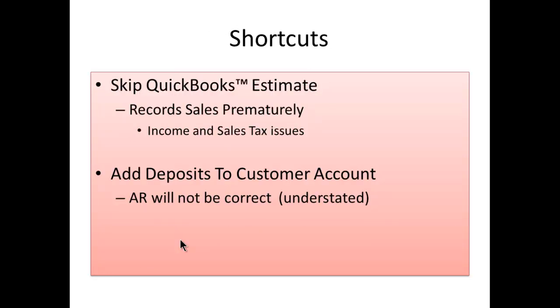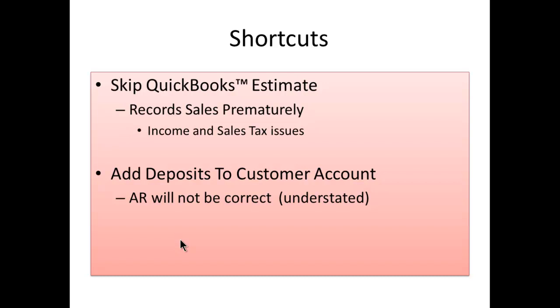Now realistically, all of those steps that we just went through, even though it's the most accurate way to account for things and how it should be accounted for, the truth of the matter is not very many floor covering dealers go through all of those processes and steps. They take shortcuts, for the most part because tracking all those steps is way too hard, especially for really small dealers.